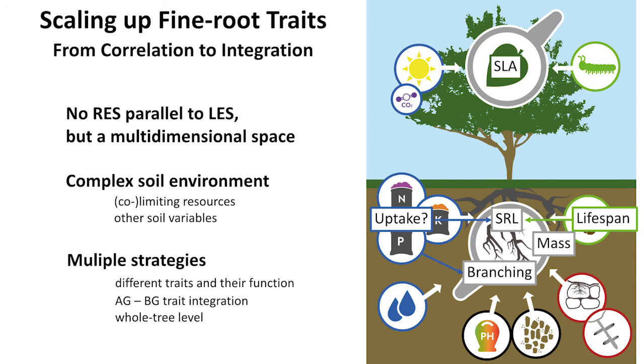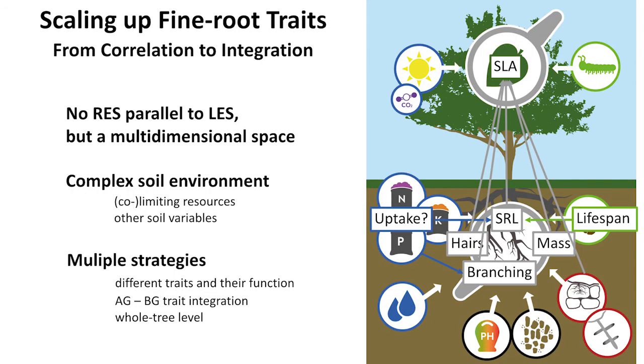And there you can already see that multiple strategies are showing up. Besides specific root length, we have branching intensity, we have fine root mass, and we have the mycorrhizal fungi over there. Besides that, species can also vary the length and the density of their root hairs. They can produce these beautiful cluster roots or increase nutrient uptake through exudation.